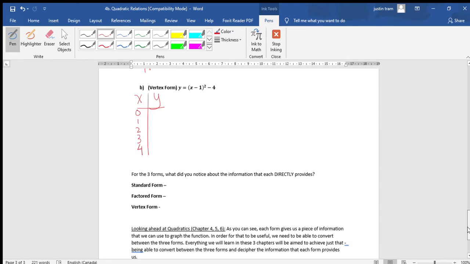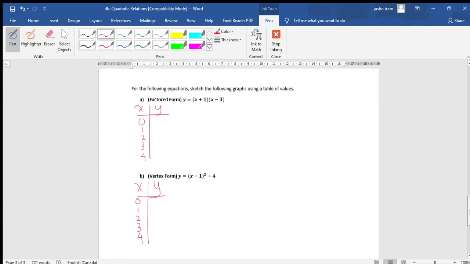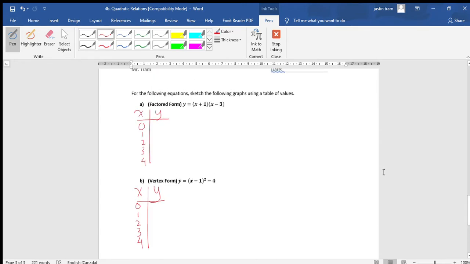Okay. Now, for the 3 forms, what did you notice about the information that each form directly gives you? Now, this was obviously designed for an in-class lesson, so I was supposed to give you some time to plot the different values for the table of values and realize that all 3 graphs are the same.